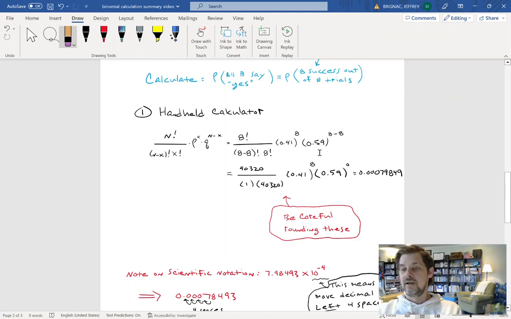So if you're going to use a handheld calculator, I'm going to need to get you to do this all in one step, meaning that although I can calculate all these numbers one at a time and write them down one at a time, I'm not recommending you do it that way, and I'm not going to do it that way.